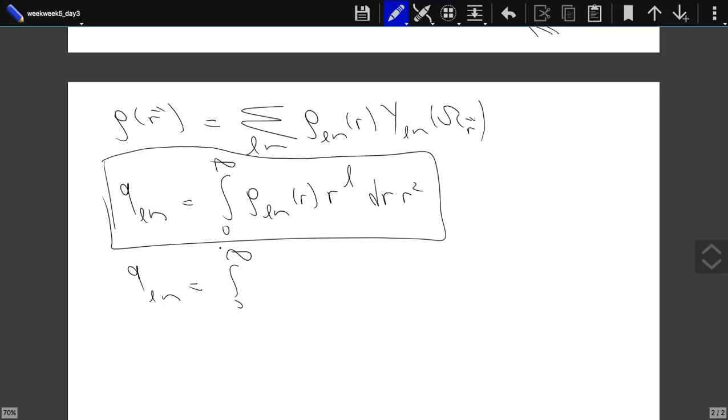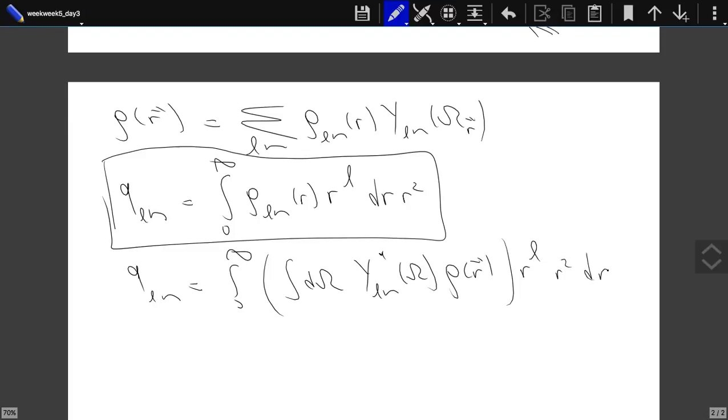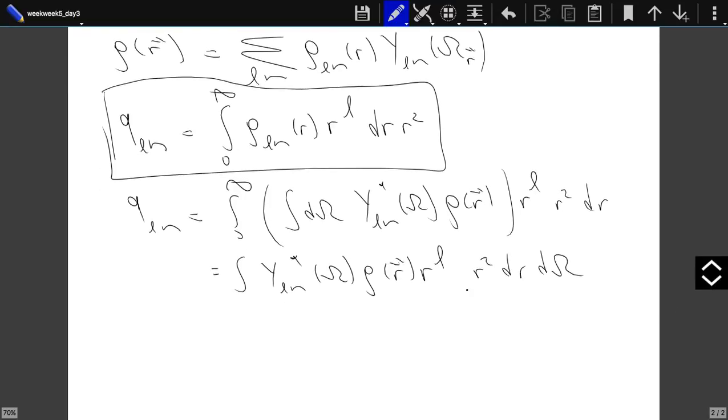Q_lm is equal to the integral from 0 to infinity of rho_lm, which is given by the integral over the solid angle of Y_lm star of omega, rho of r, r to the l, r squared dr, d omega. But this is nothing but my volume element. So these are actually the multipole moments.